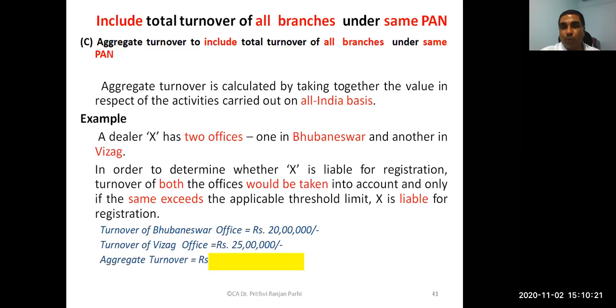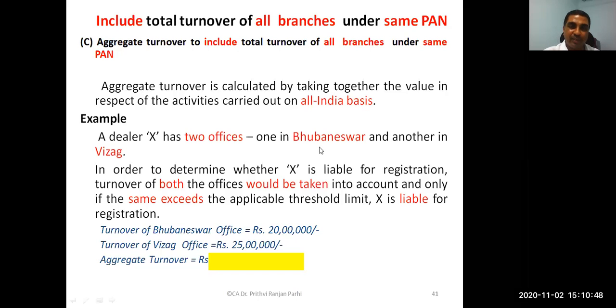Aggregate turnover includes the total turnover of all branches under the same PAN. If under the same permanent account number there are several branches, aggregate turnover will include the turnover of all these branches. And this has to be arrived at on all India basis. Here is an example I am showing. X is a dealer who has two offices.